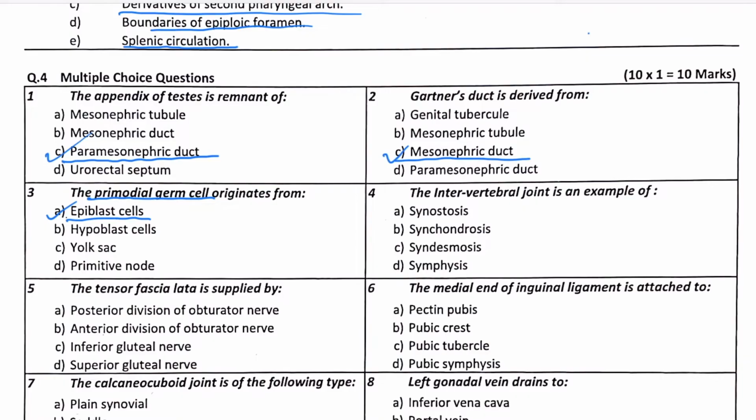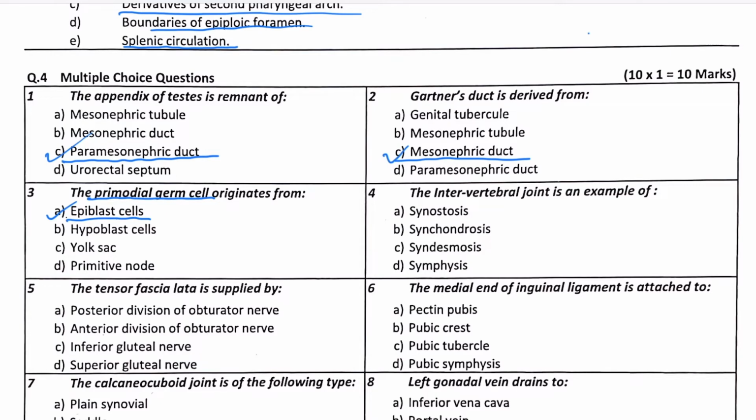So this is what happens with the primordial germ cells. Now if you read it from the books, you will find that some books don't even mention about the epiblast cells. They simply write that the primordial germ cells are being formed in the walls of the yolk sac. However, in few embryology books, especially the Langman's embryology, the first line they have written is that the primordial germ cells are derived from the epiblasts.